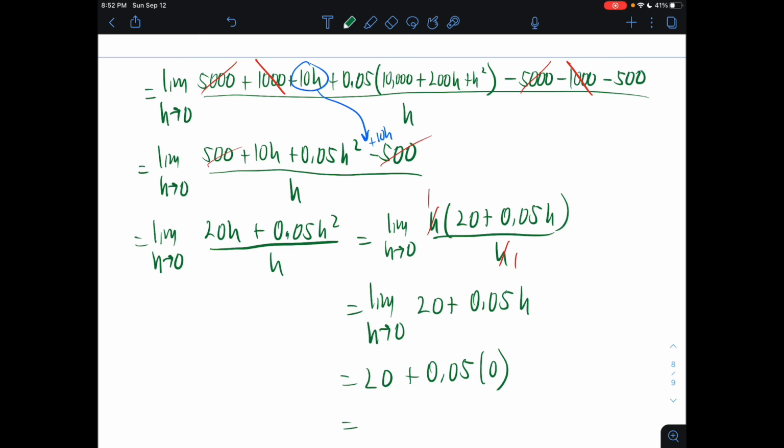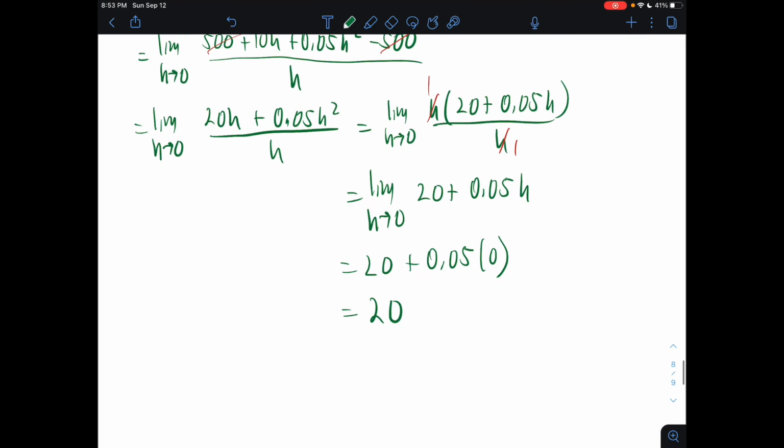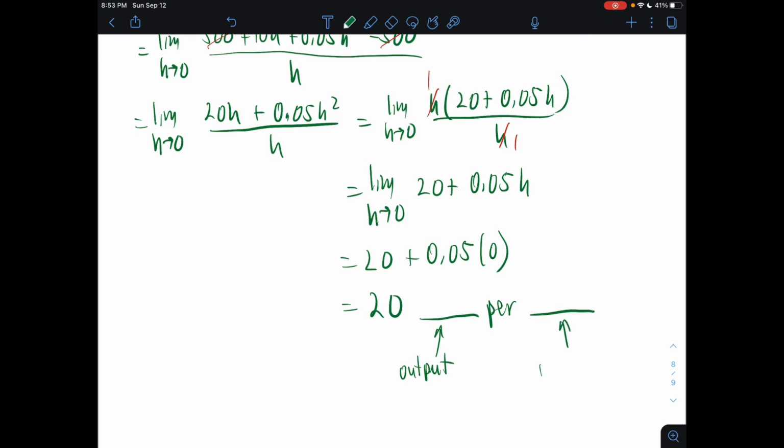and I get 20. So now here's the one thing that we do want to remember from the velocity question. We had units of measurement for instantaneous velocity, and it was meters per second. So our units here should be something per something. And what we want to think of this is it's the output units per input units.